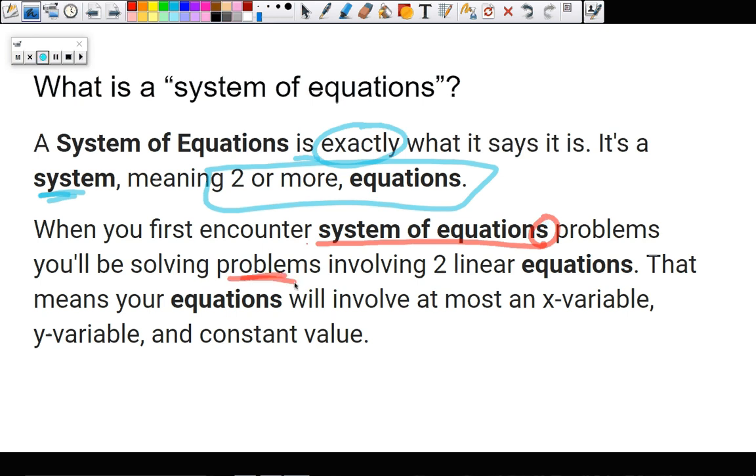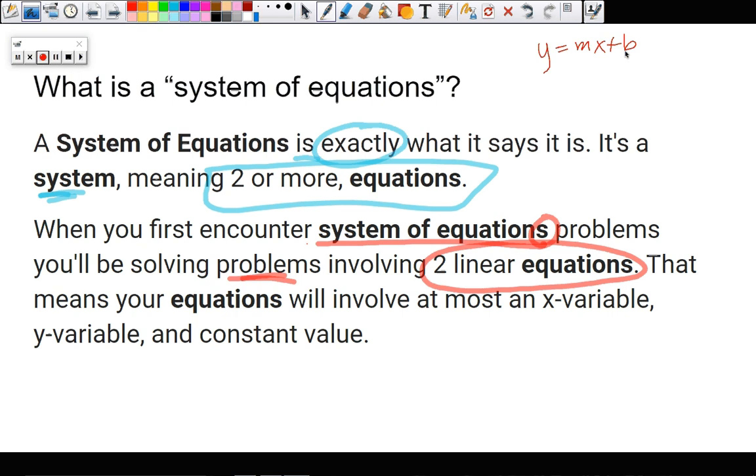So yes, we're going to solve for variables. We're going to solve for certain types of variables, whether they're 2, 3, 4, 5 equations, okay? But in this unit, they're always going to be systems of linear equations. You'll see a bunch of y = mx + b's.